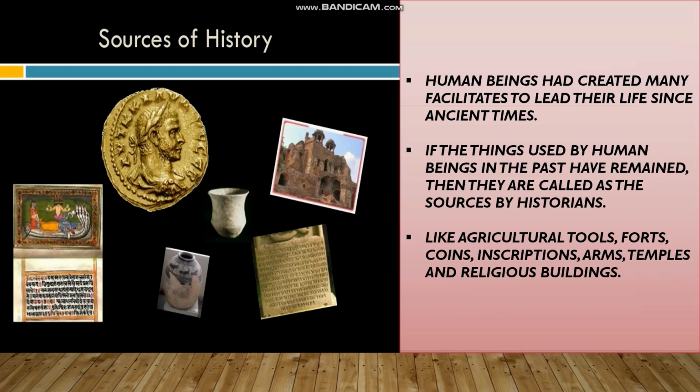For example, agricultural tools, forts, coins, inscriptions, arms, temples, and religious buildings. So these are considered to be the sources for writing history.